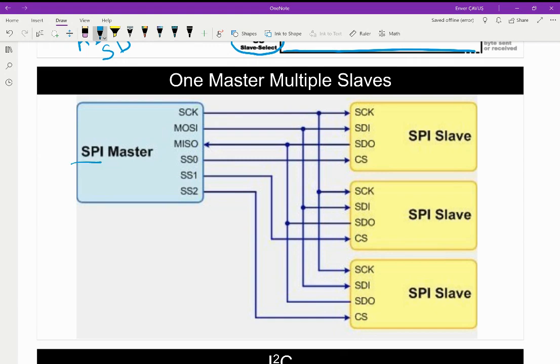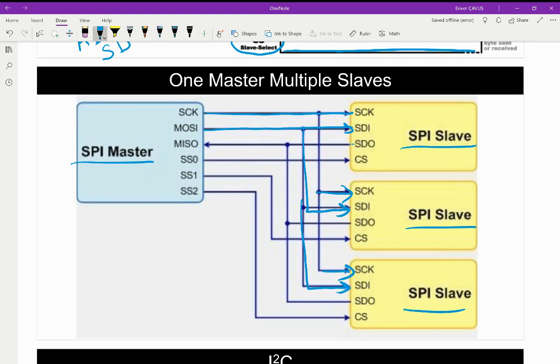So in this case, we have our master here. So we have 3 slaves, slave 1, 2, and 3. So this serial clock is driving all of them. And then this master out serial in is also connected to these SDI pins of the slaves.